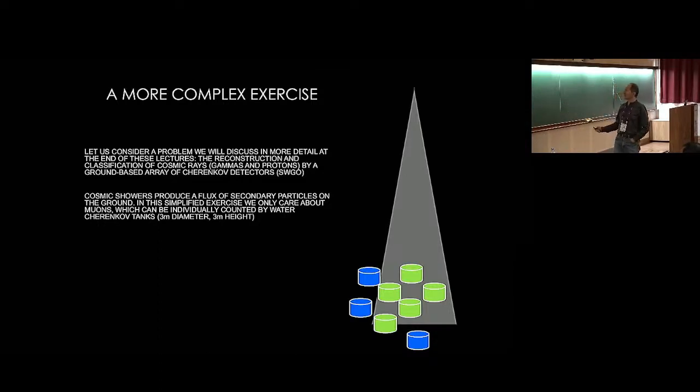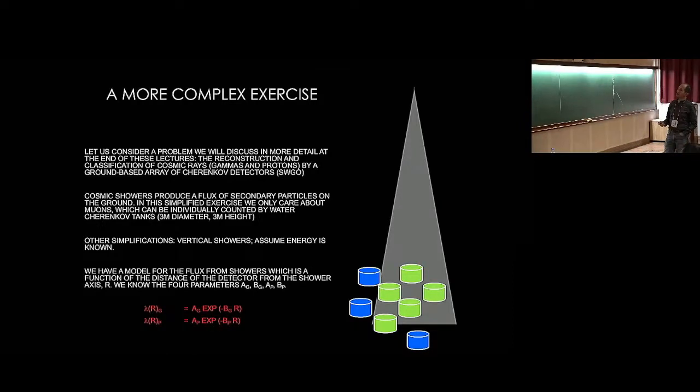And we can make the problem a little bit easier to do a little bit of coding together if you want in a little while. Let's first consider the problem. For our studies here, we could consider vertical showers.